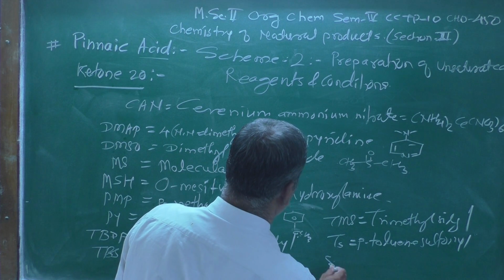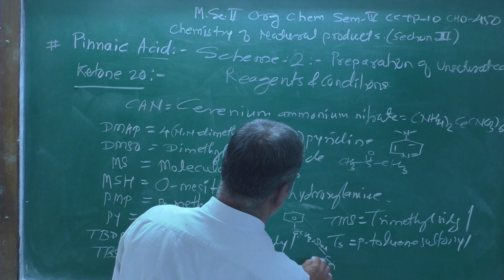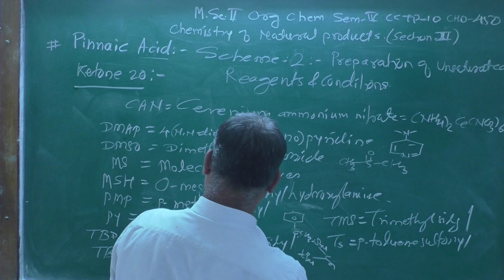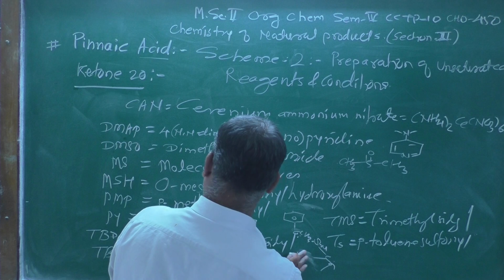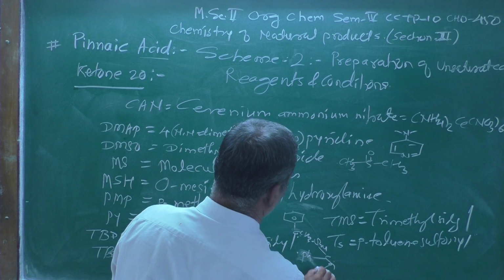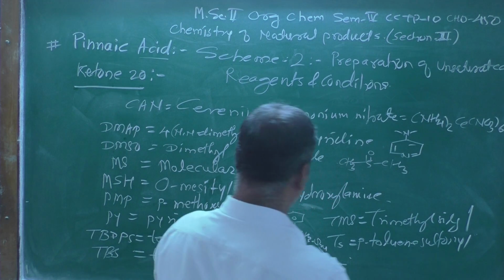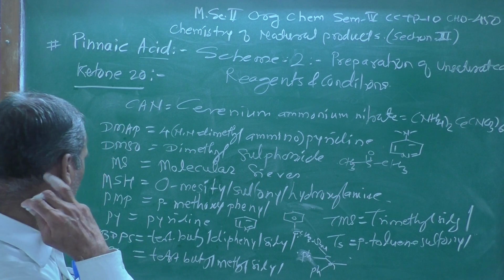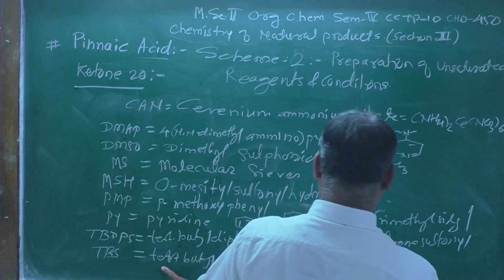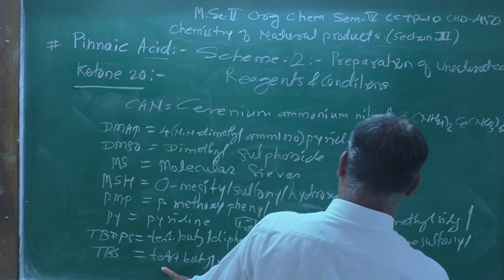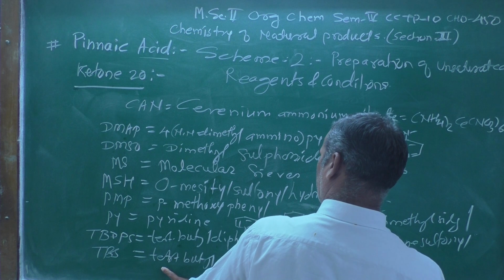diphenylsilyl, Si, tertiary butyl, diphenyl, tertiary butyl only one, and generally it is a chloride. And TBS, tertiary butyl methyl silyl, silicon having one tertiary butyl, one methyl group.